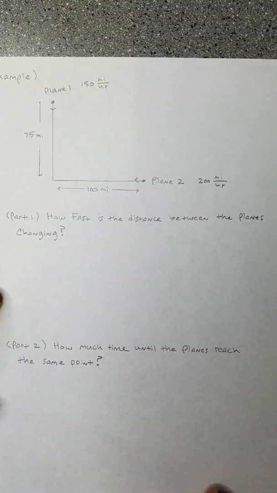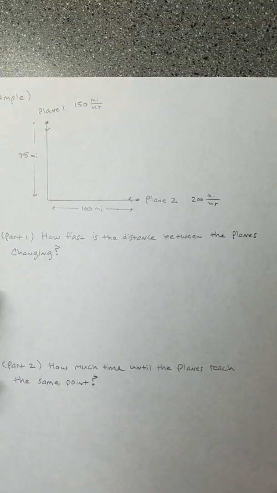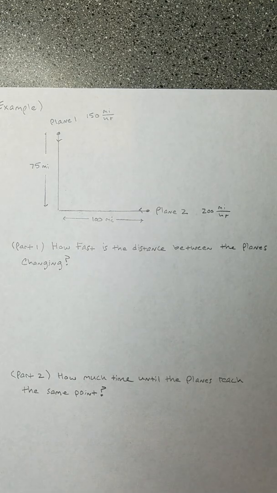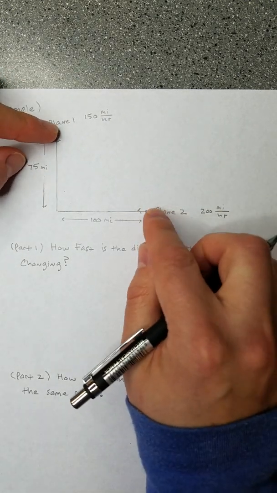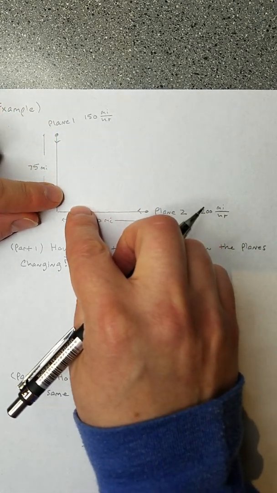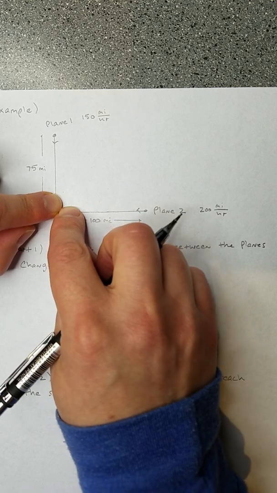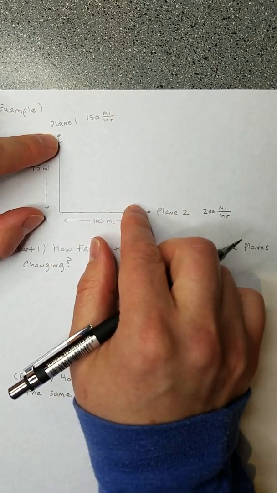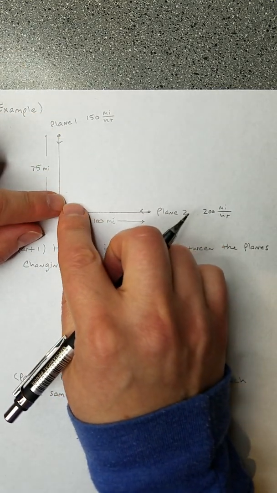So consider this example where I have a simple diagram, but I'll explain what's happening. Suppose that two planes are flying at the same altitude, and they're going to converge on this point right there, which, well, probably we want to avoid that, right?